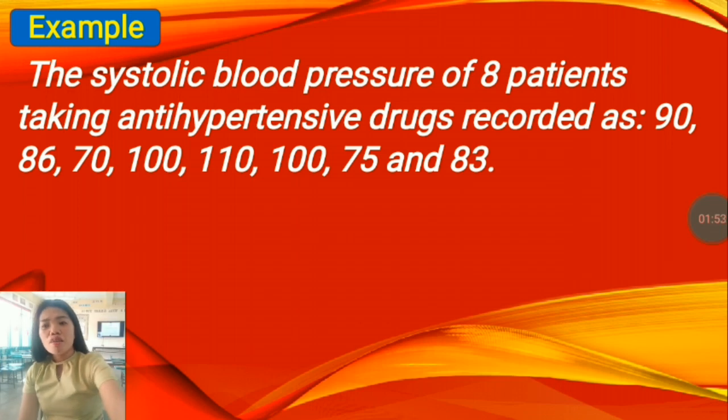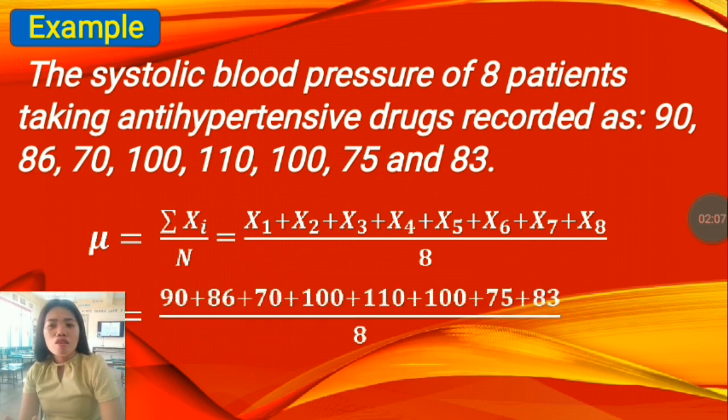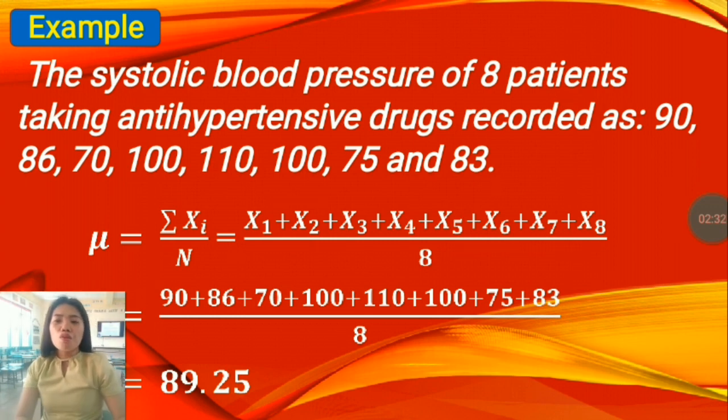If we are asked to find the mean, all we have to do is get the sum of the data: 90 plus 86 plus 70 plus 100 plus 110 plus 100 plus 75 plus 83, all over the number of observations, which is 8. So we divide 714 by 8, and that gives us 89.25. So that would be our mean.